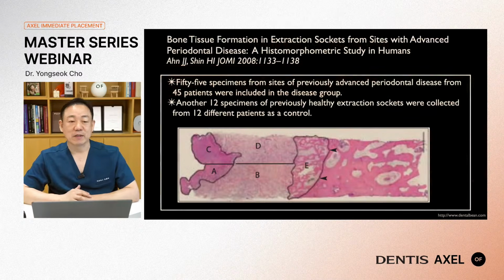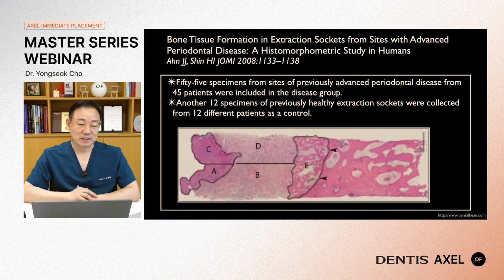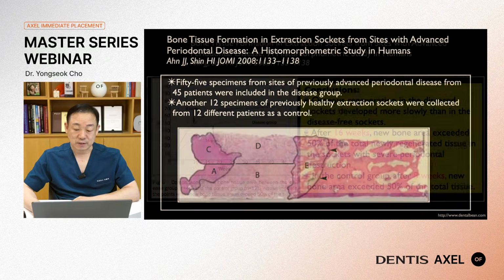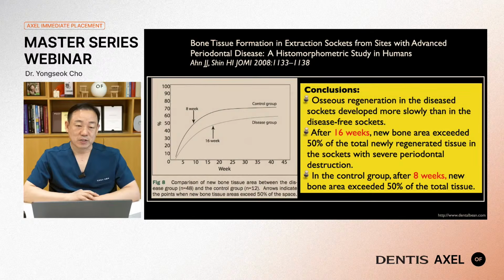Here is a very interesting article in which the authors biopsied the extraction socket periodically in sound sockets and pathologic extraction sockets. The result was, as we expected, different depending on the type of extraction socket. Sound extraction sockets healed faster than pathologic extraction sockets.